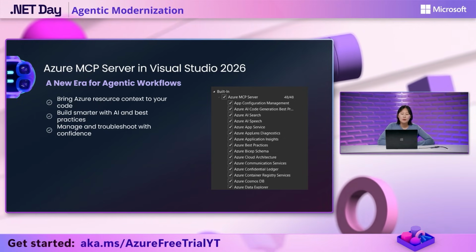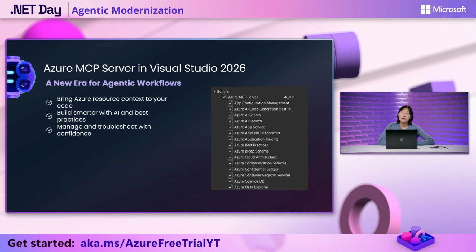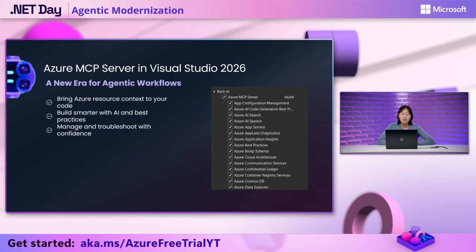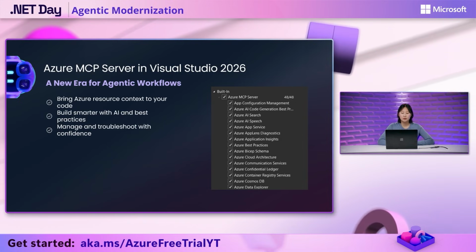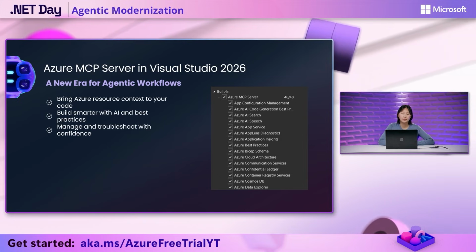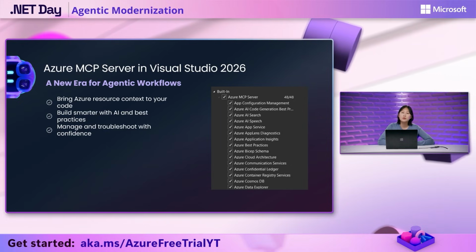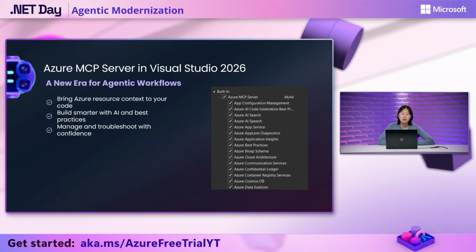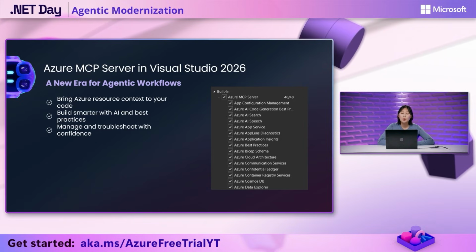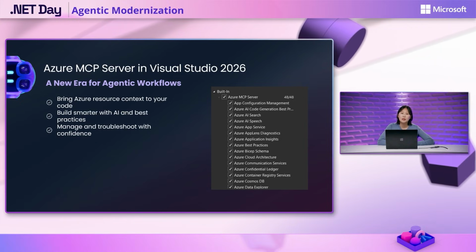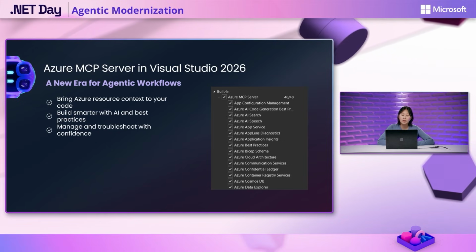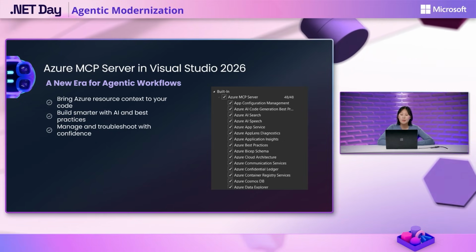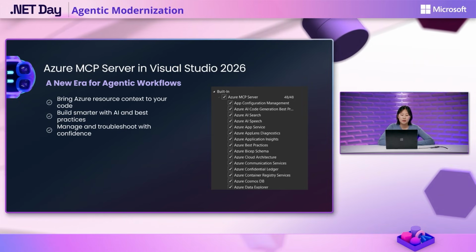A cool thing about this particular release is that the Azure MCP Server is now built into the IDE, so there's no need for any additional configuration. If you use the Azure MCP Server in conjunction with agent mode, Copilot doesn't just suggest code, but it actually becomes an active teammate that understands your Azure environment and helps you build, deploy, and manage your app end to end.